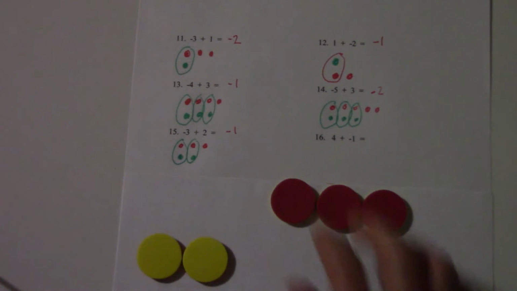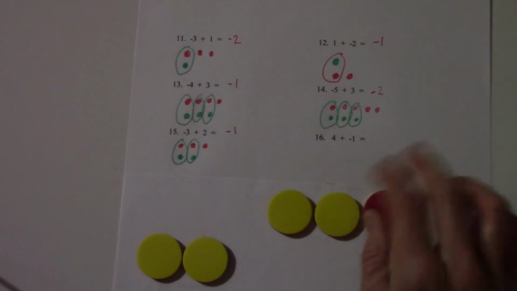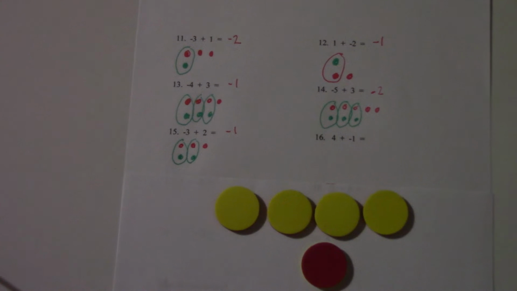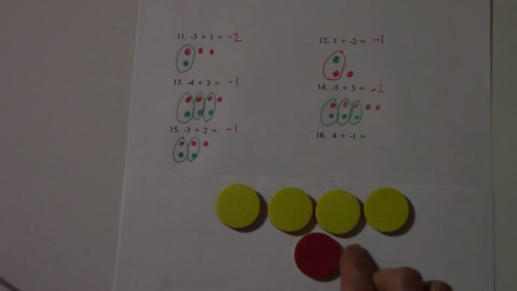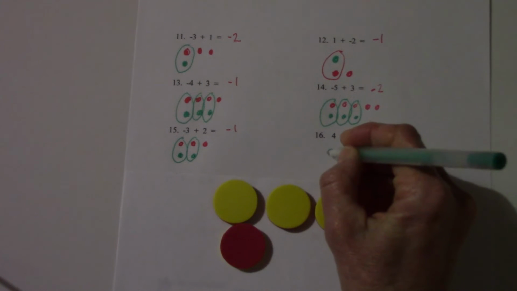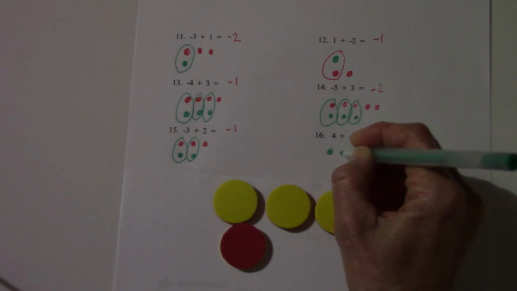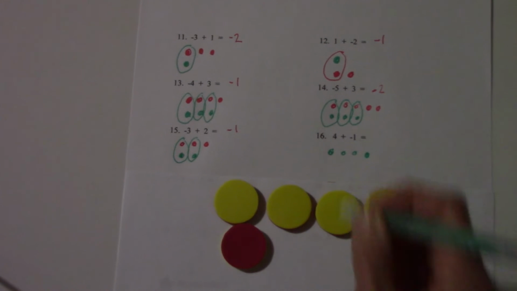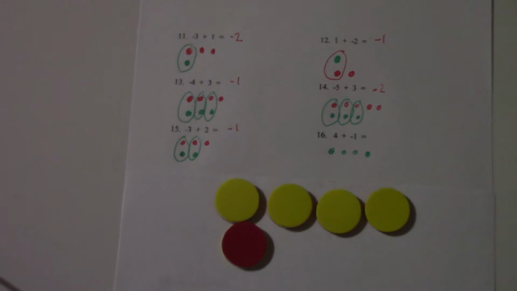The next one, oh, I have +4 and a -1. Okay, and I'll scoot that way over here. So I have +4 and a -1.